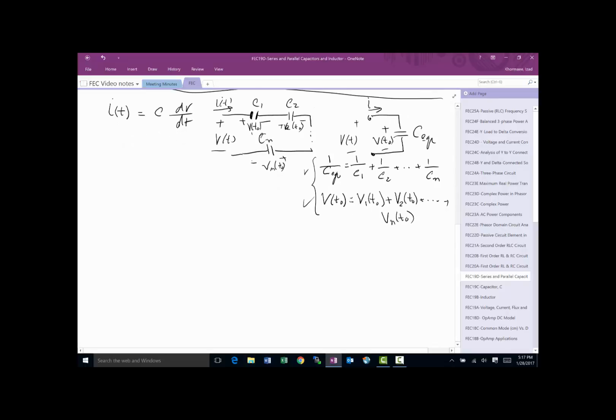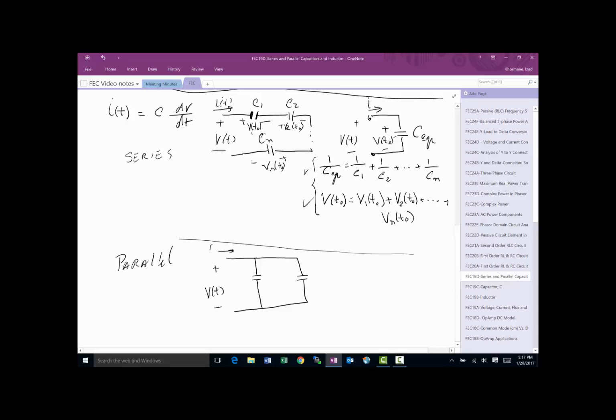Now the next topic here: so this was capacitors in series. If you go to the parallel case, we'll see that again it's opposite the resistors. We're going to have a few capacitors, however many, with a voltage across them.